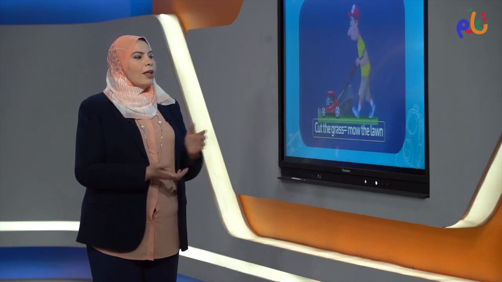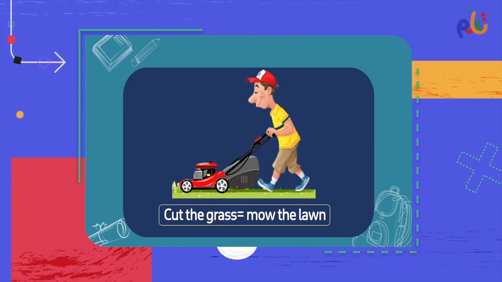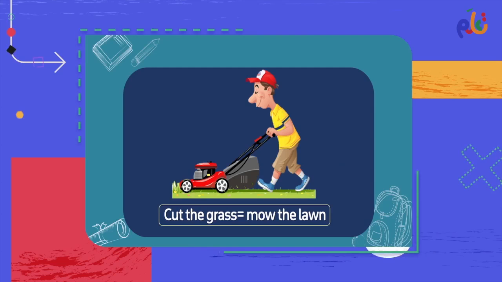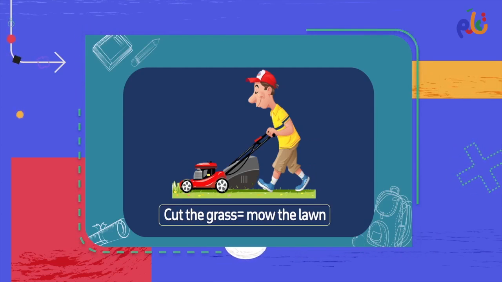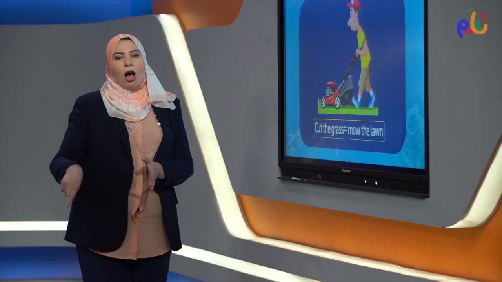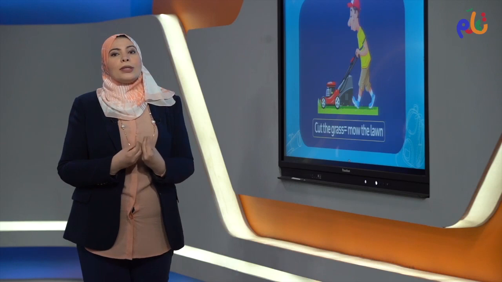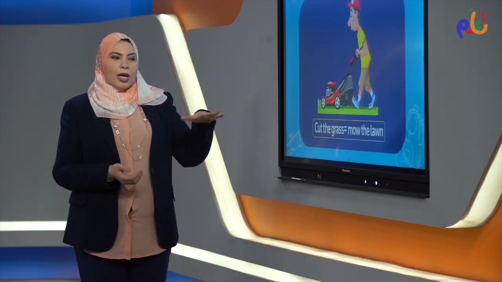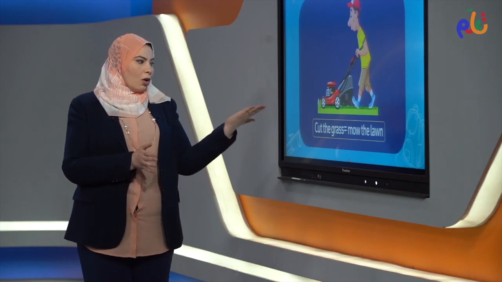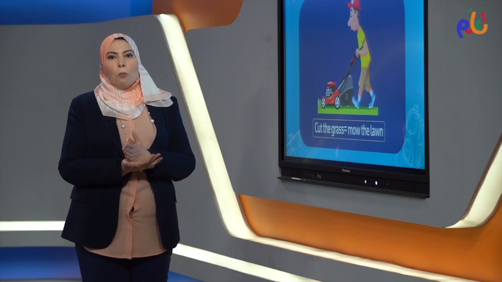And we have cut the grass or mow the lawn. Last time we were talking about a house and the difference between a house and a flat. We said that usually when we have a house, the house has a garden. Who takes care of the garden? In the garden we have grass. When we cut this grass, we can call it cut the grass, or the other term is mow.